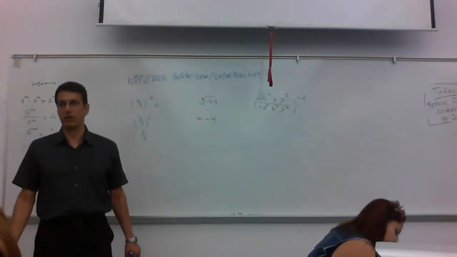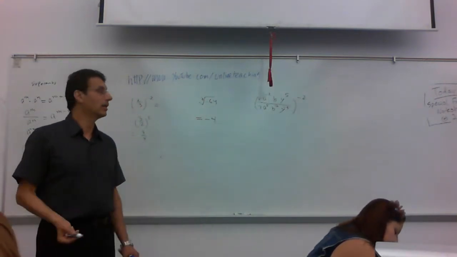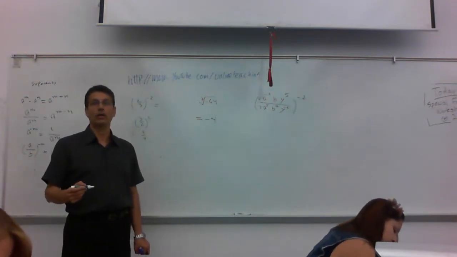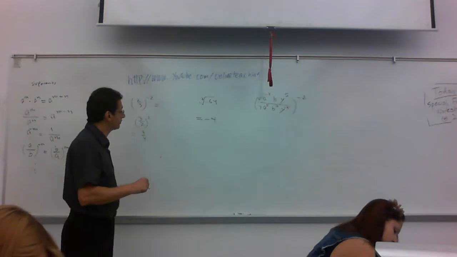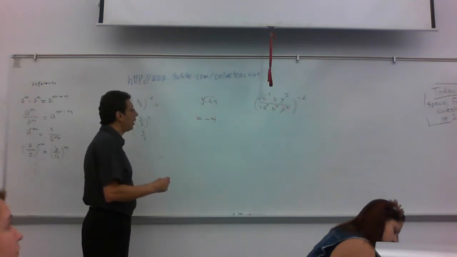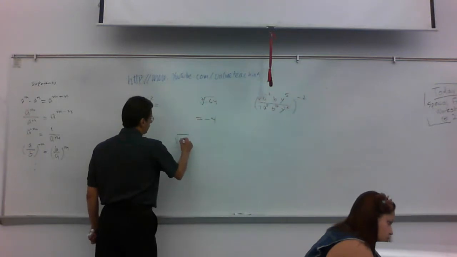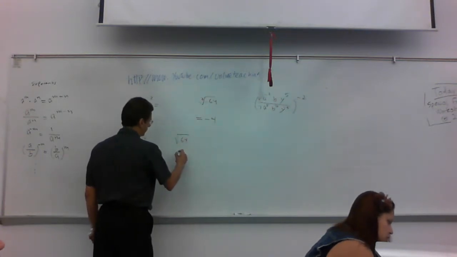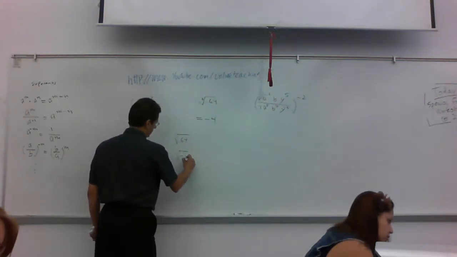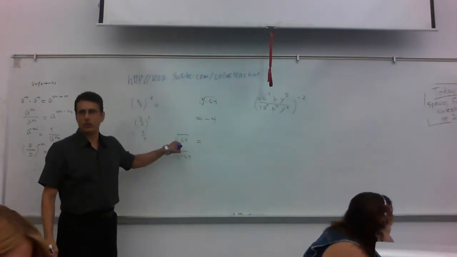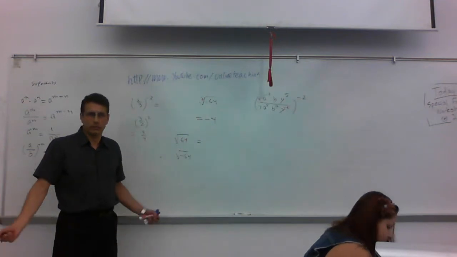And let me just make sure everybody understands the difference between an even and odd root or index. All right, class, if you're looking at this one, you're looking at a number that you square and you get to negative 64. What is that number?